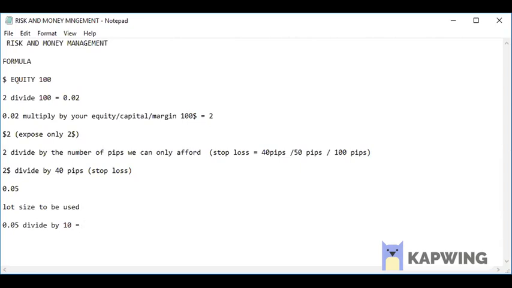Then you get the lot size. So in this case, we are going to get 0.005. We do not have such a lot size, so we are going to round off to the nearest. You are going to see that for $100, you have to round off and use 0.01 lot size. Do you get it?